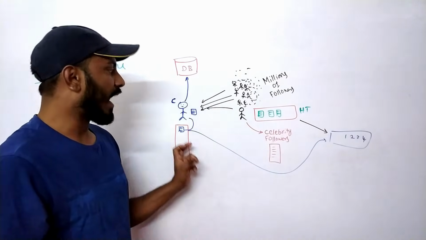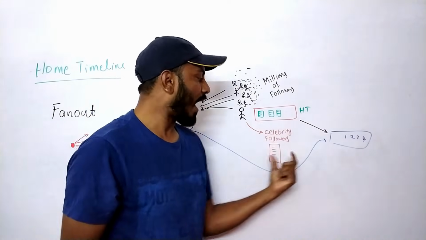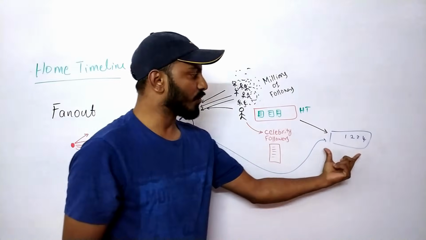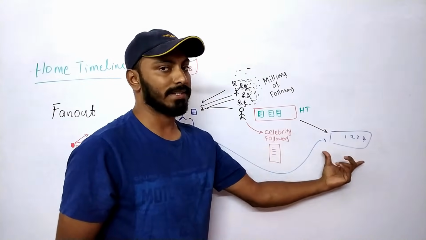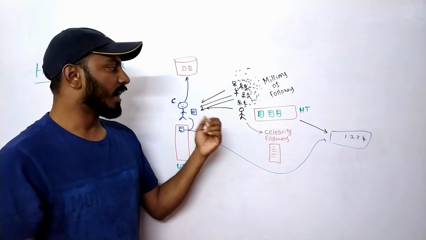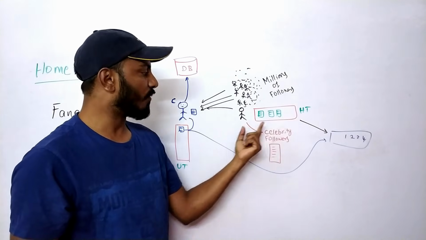That way, we have included all the home timeline tweets and we have added all the celebrity tweets into the final tweets list for the home timeline in real time. That way, we got all the tweets which we were supposed to show in the home timeline of this particular person.